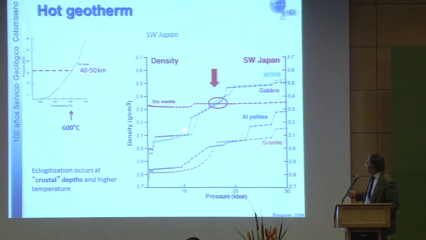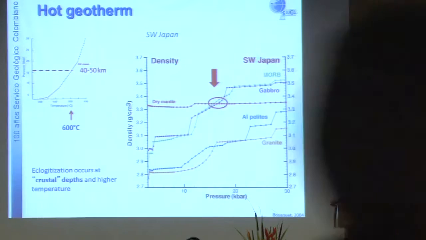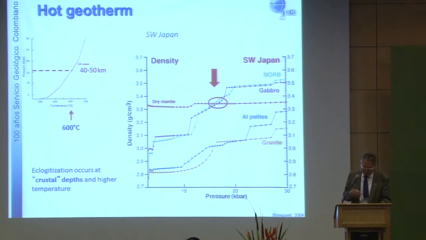And it's always the same rock type, the same rock composition. It's just the effect of the density changes, so it's not only related to the densities, it's also related to the PT paths that you are using.